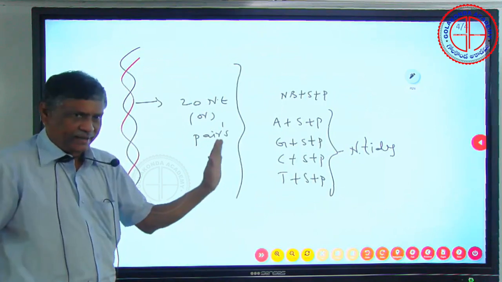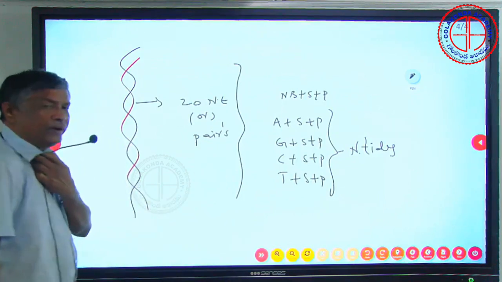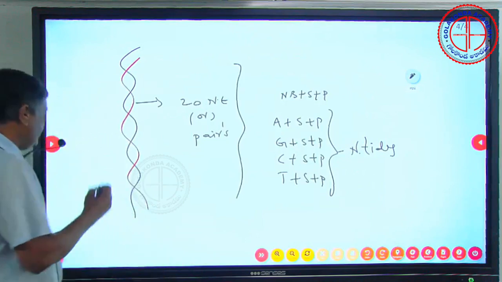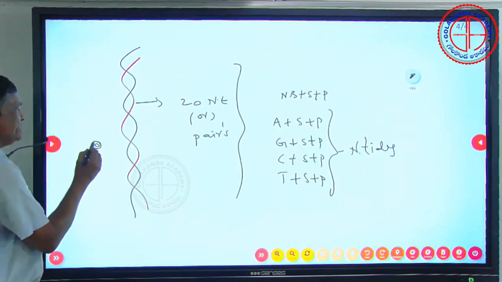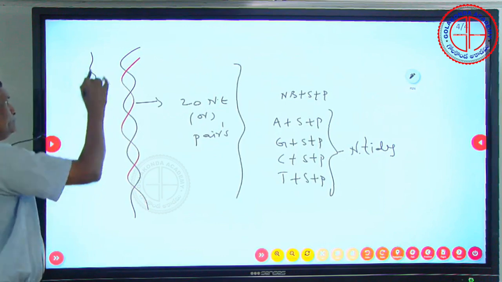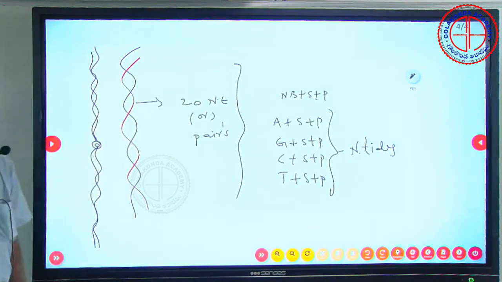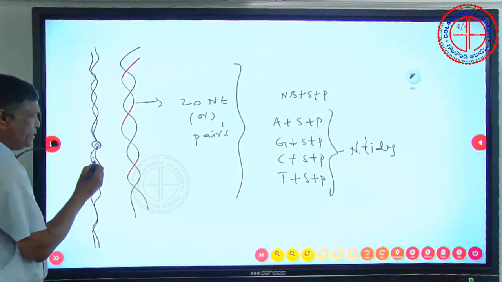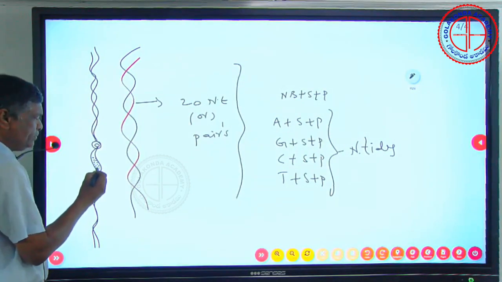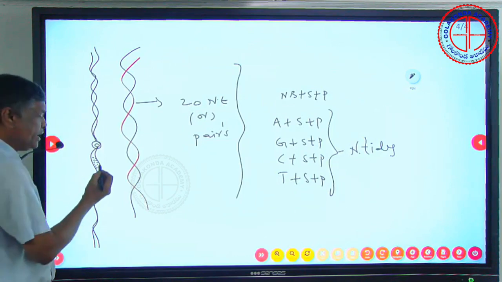Is it clear? Okay. Next, one more point. Then DNA is there. What can be located in a coil? How many nucleotides?